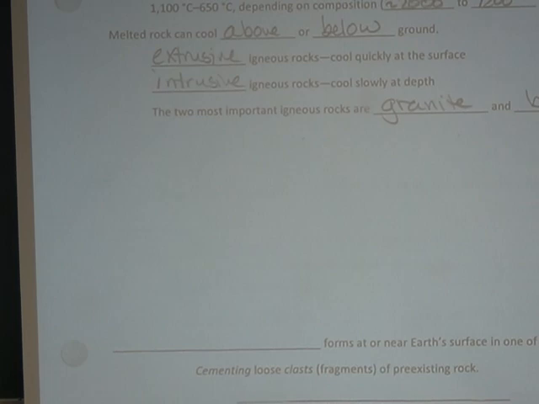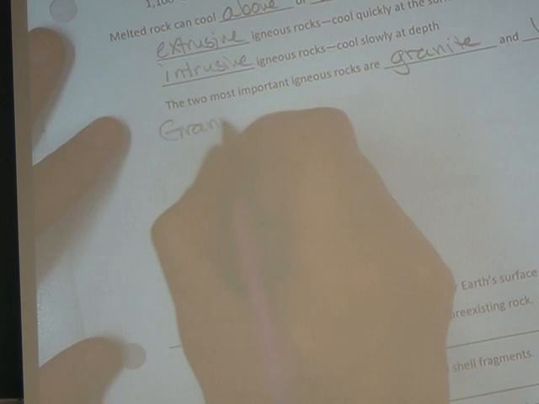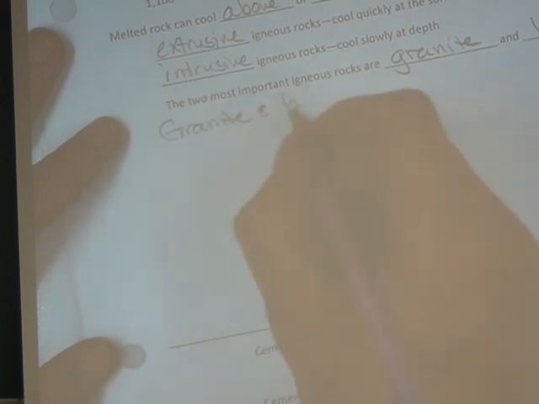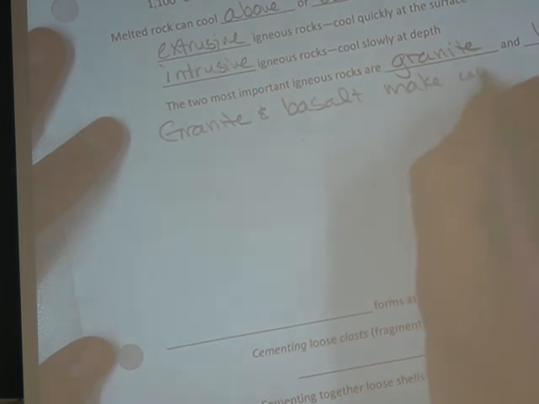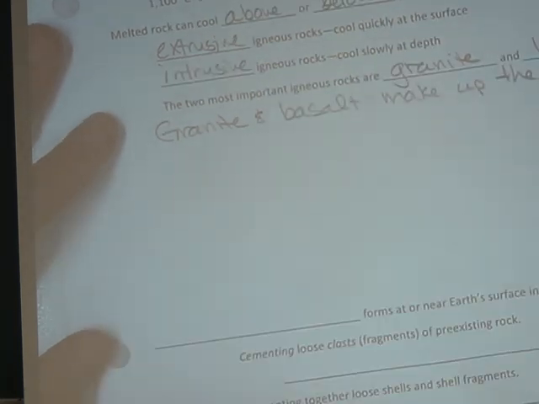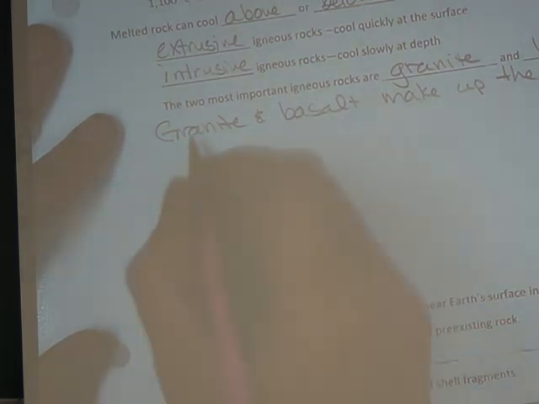Where do we find more basalt? No volunteers? That's okay. Homework's not due yet. So if you're not at that part in the homework, that's fine. Granite and basalt make up the crust. And we'll talk about that more when we talk about plate tectonics.